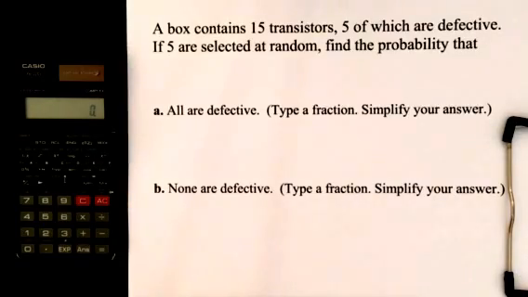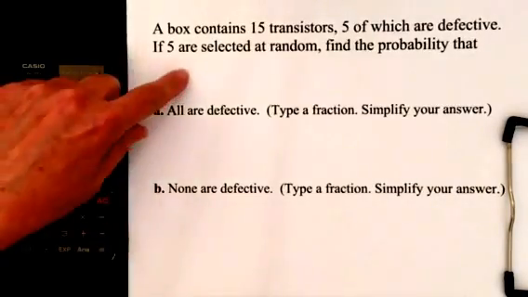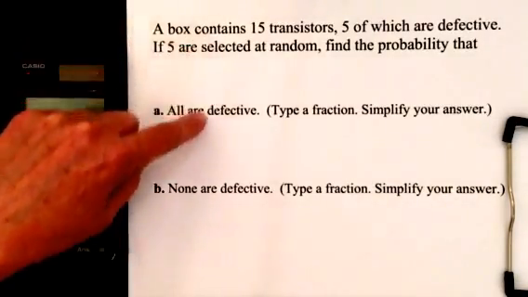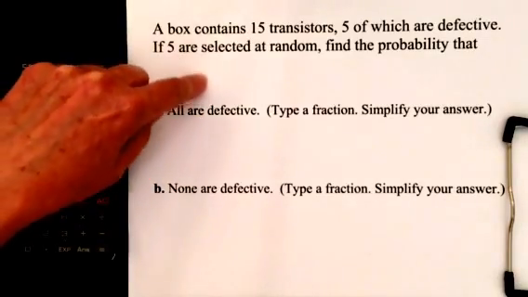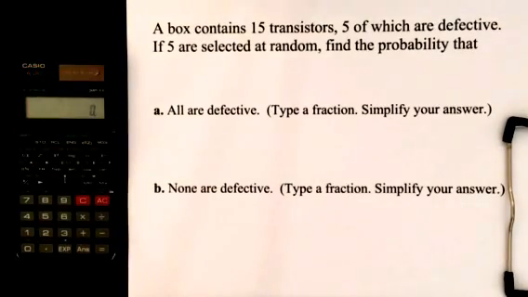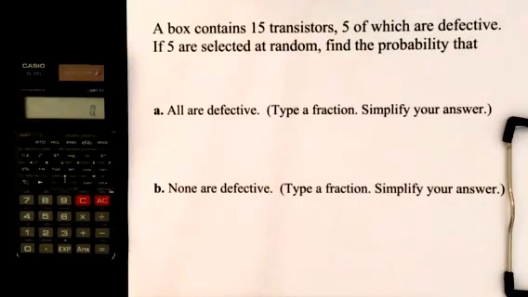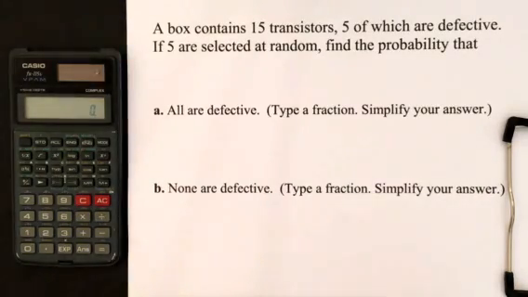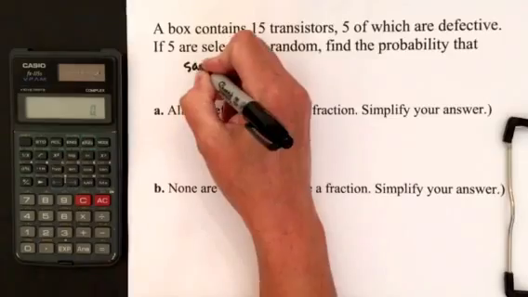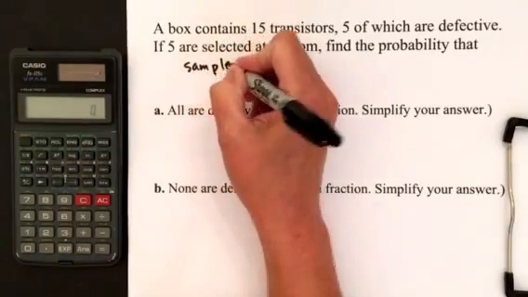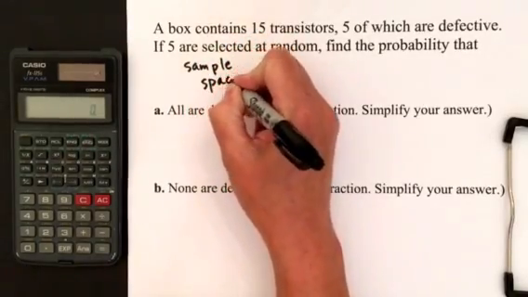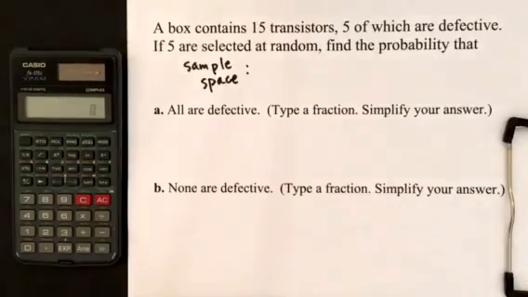Now, when I typed this up, I left this little space between the problem and part A, because in this space, I'm going to first find the sample space. The sample space will be needed for both part A and part B. So let's find the number of items in the sample space.